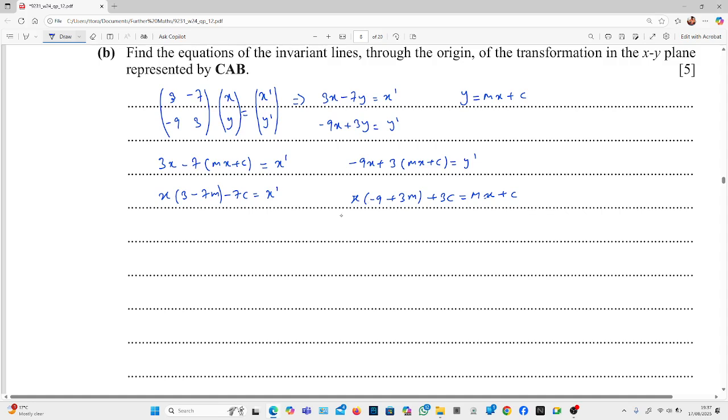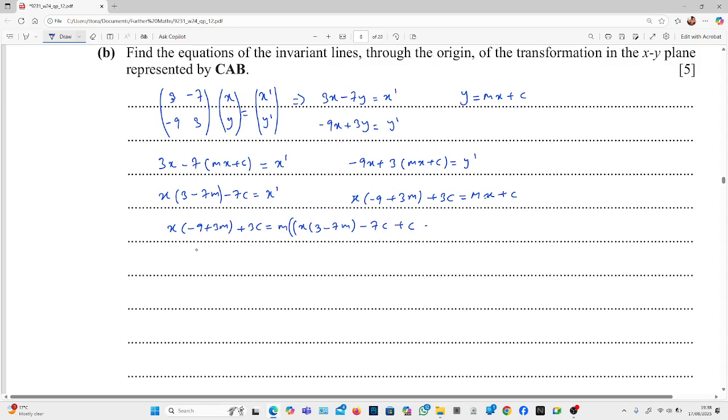So if I look at this equation here now, I've got x into minus 9 plus 3m plus the 3c is equal to mx, and because x is all of that over here, which is x prime, so we have then x into 3 minus 7m, minus the 7c, and of course plus the c.